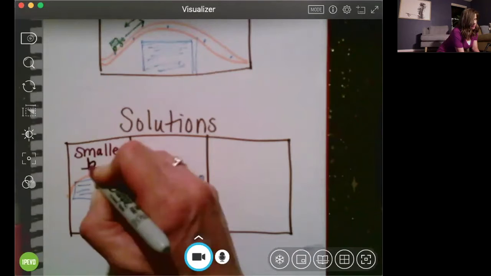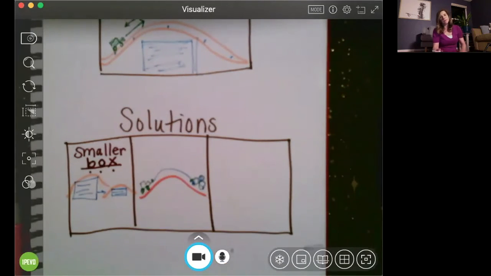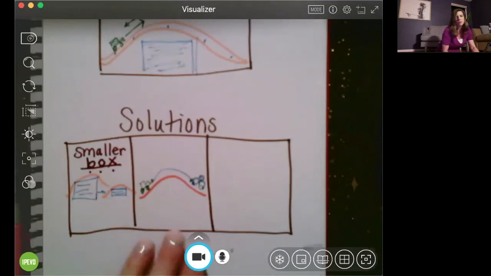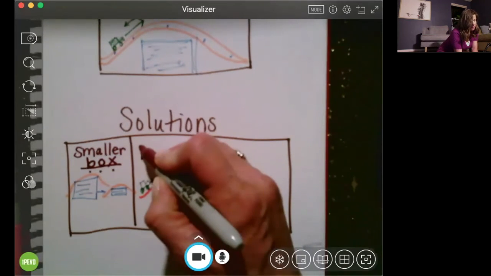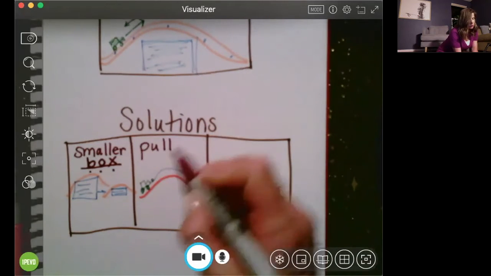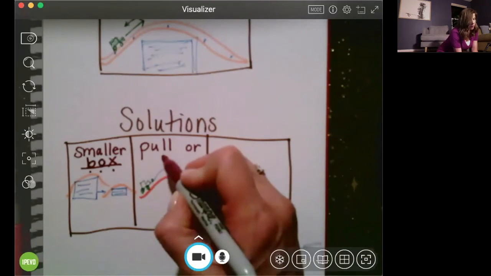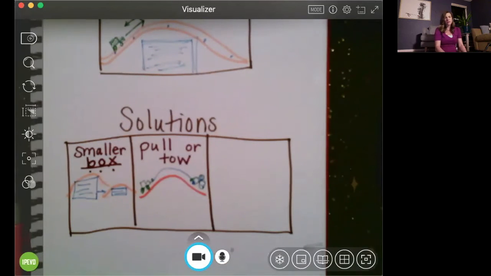Box, b-ox, box. All right, the next one is pull or tow. What's the first sound we hear in pull? That's right, P. And then it's a U and 2 L's, pull or tow. So that could be my second solution.